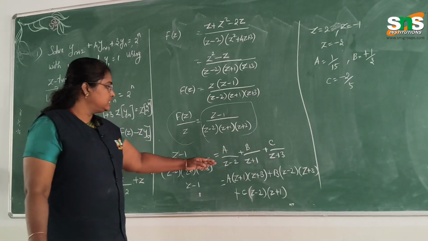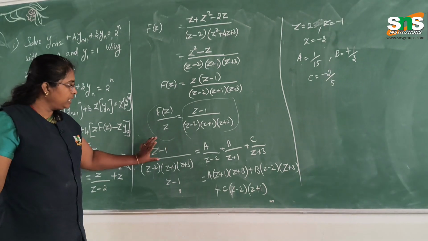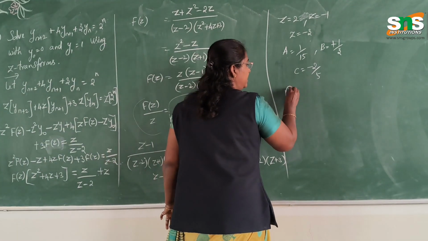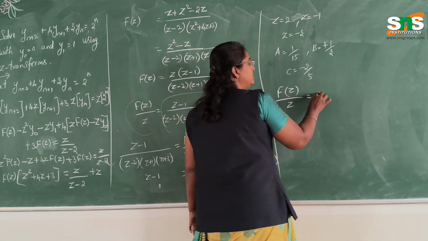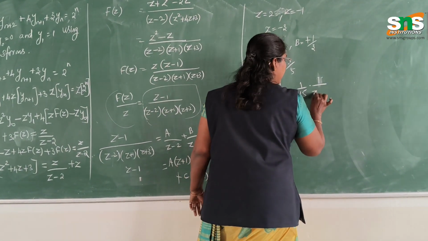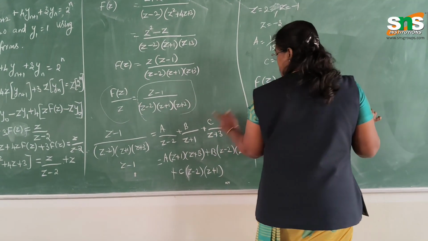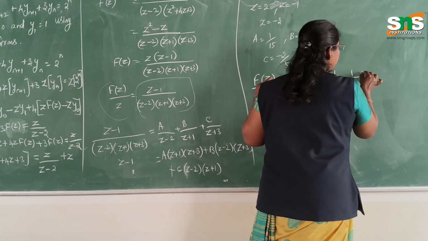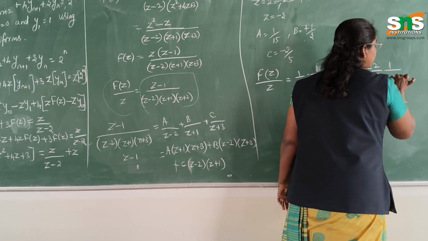So these 3 values we can substitute in this equation. For this equivalent term, we simply name it f of z divided by z. So I am going to write on the left-hand side f of z divided by z, which is equal to A value 1 by 15 into 1 divided by z minus 2, and then B value is 1 by 3 into 1 divided by z plus 1, and C value is minus 2 by 5 into 1 divided by z plus 3.